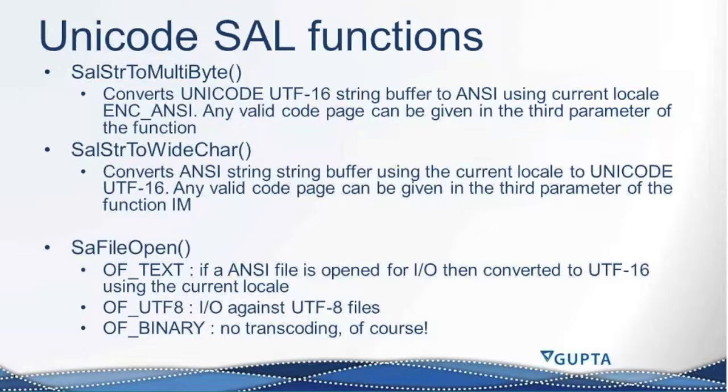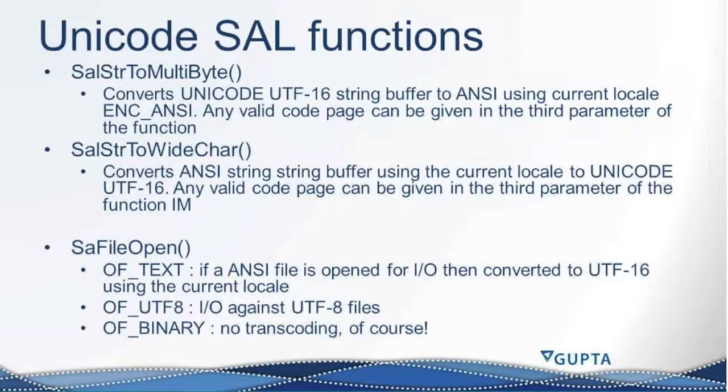Again, SalStrToByteCharacter does convert an NC string buffer using the current locale to Unicode UTF, and again, any valid code page can be given in the third parameter. You can go in help, file help, and check these functions out.